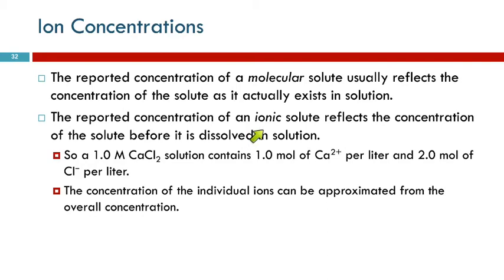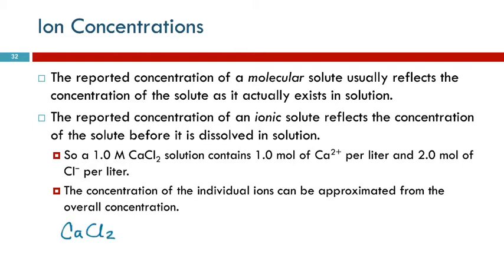If we have an ionic solute, though, when ions dissolve in water, they separate from each other. And so we need to be a little bit careful if we want to know how many moles of an individual ion we have. So if we had a 1 mole per liter calcium chloride solution, what does calcium chloride do when it dissolves?